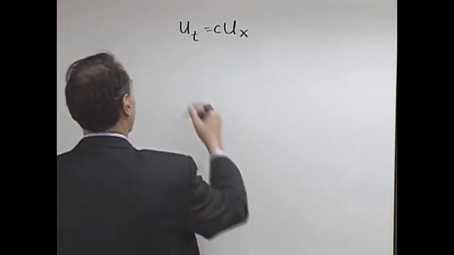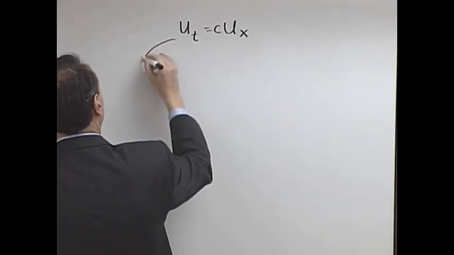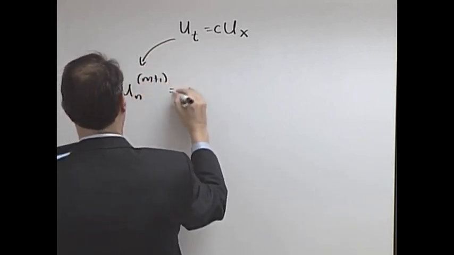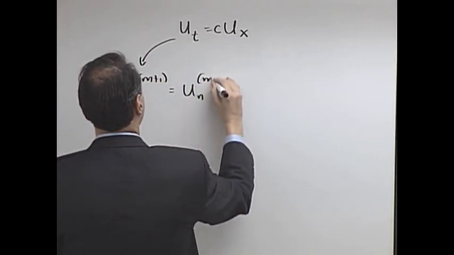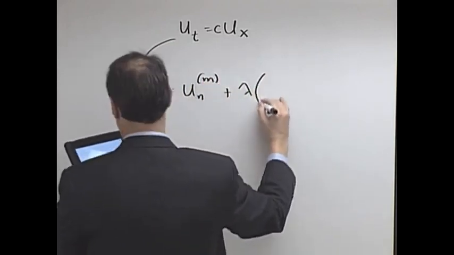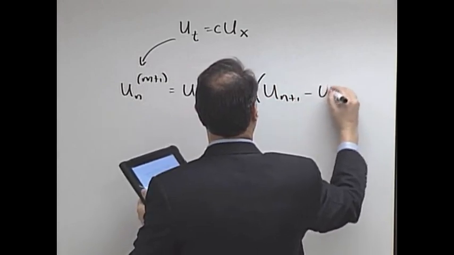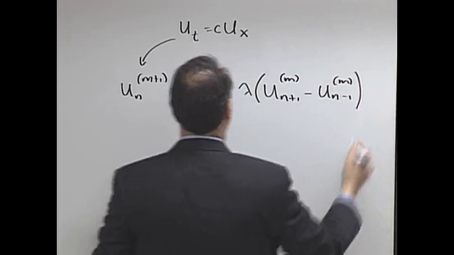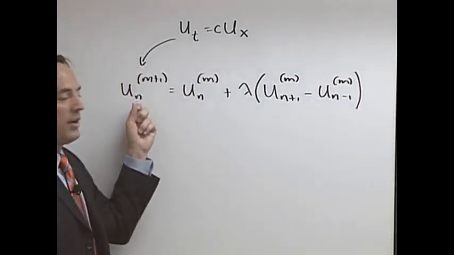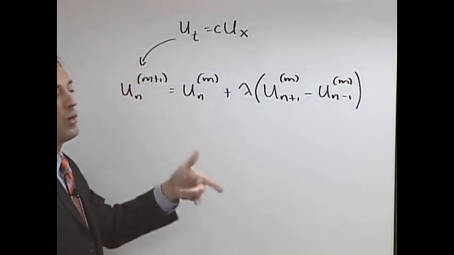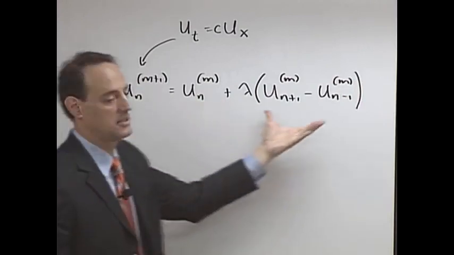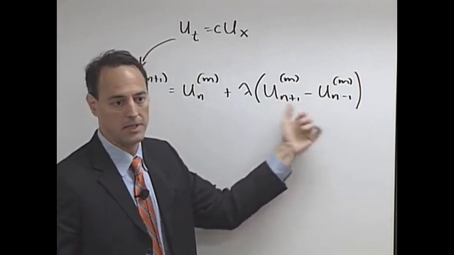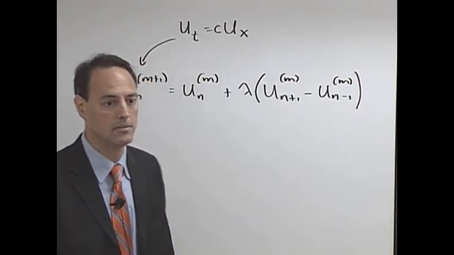So in particular, let me write down the scheme that we had if we do this leapfrog scheme. Here it is. The point in the future is what it was one time ago plus some stuff. This is the derivative term: your two neighbors making a contribution to your future.